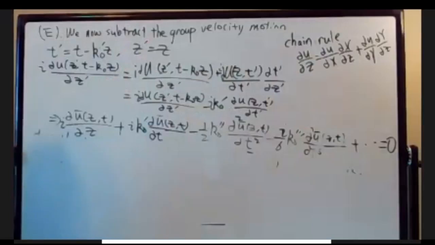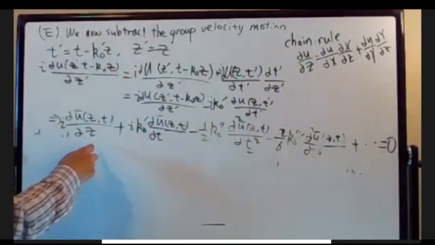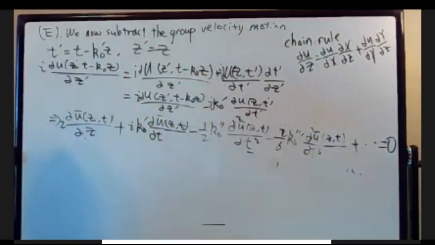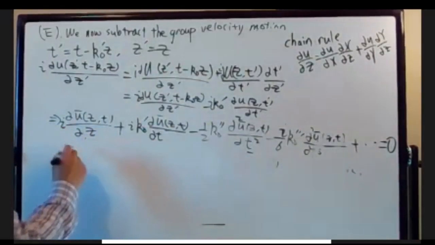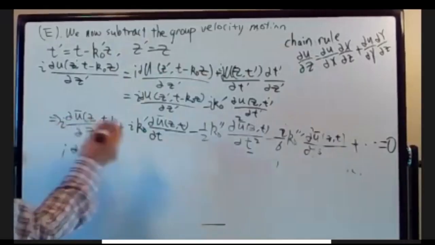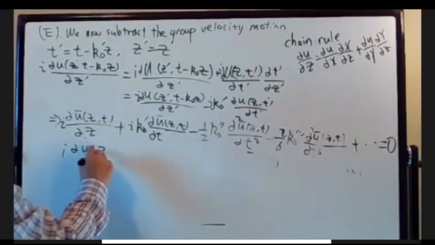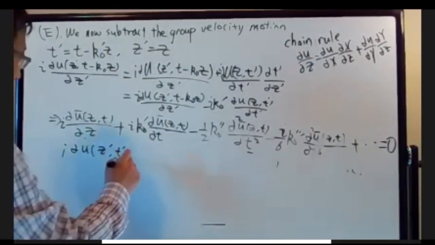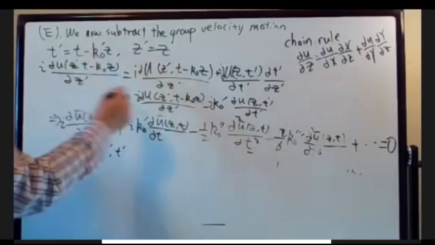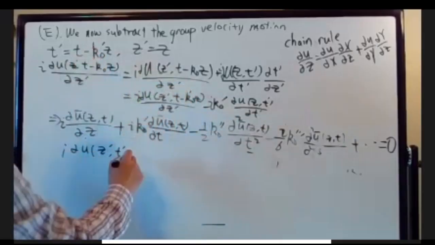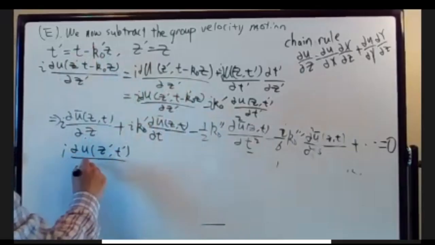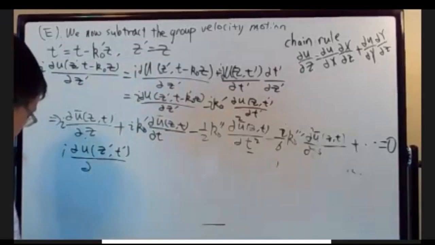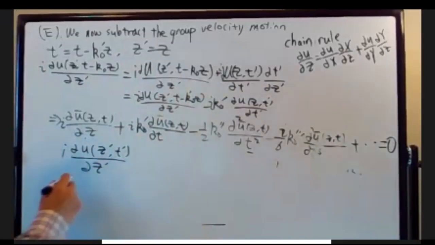So with this, we will substitute and move here, and what we will have is, remember I dropped the bar, z, t. So this will be t prime, t minus k naught prime. This is prime, and this will be t prime with respect to z prime.